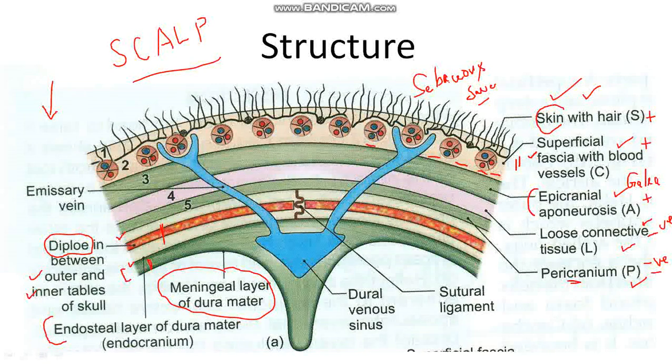So at the time of an injury, the vessels are unable to occlude properly by themselves unless we apply pressure, because the walls of the vessels are adherent to this fibrous network, causing profuse bleeding.